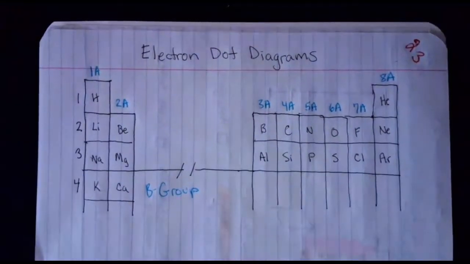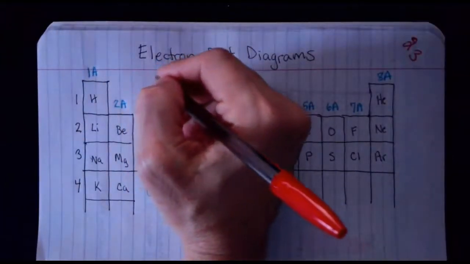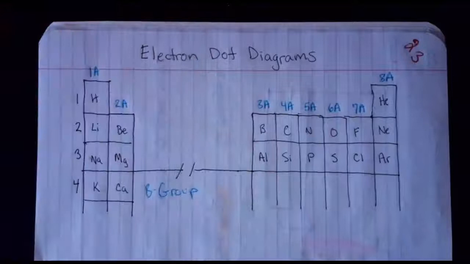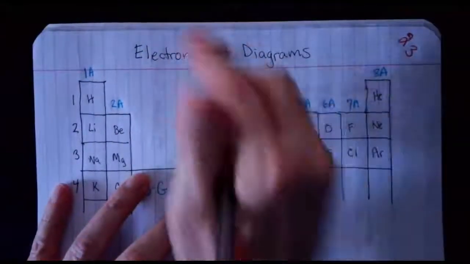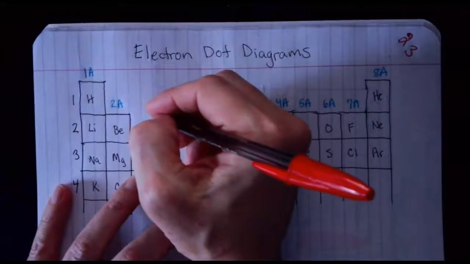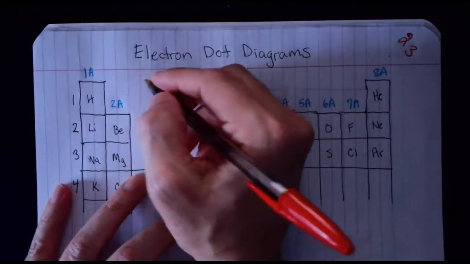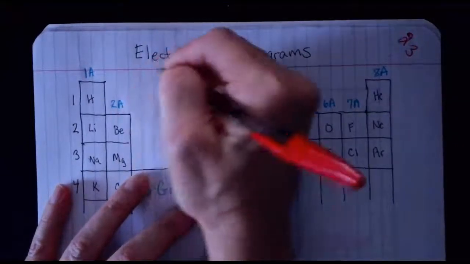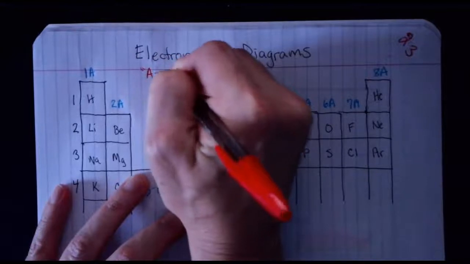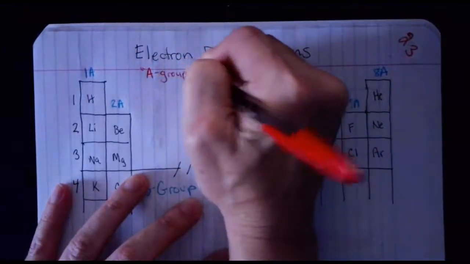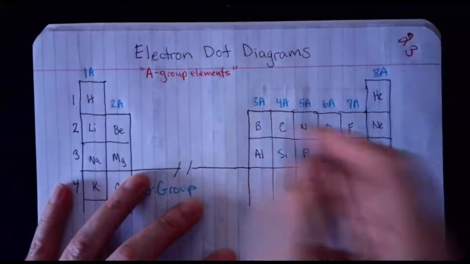So the first piece of information we're going to add here is the rule that we're going to follow. Okay, so for electron dot diagrams, wait, was somebody adding something? Nope. Okay. This rule applies to the A group elements, right? That's why we're just drawing the A group ones.